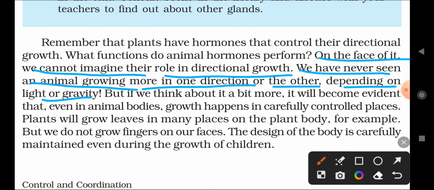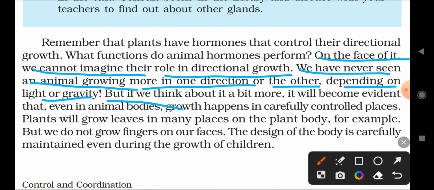Our body is not attracted towards the direction of light; if light comes from one direction, our legs and arms will not grow in that direction. The body does not grow towards the earth either, because the animal body does not depend on directional growth. But plants always grow directionally, while the animal body does not.